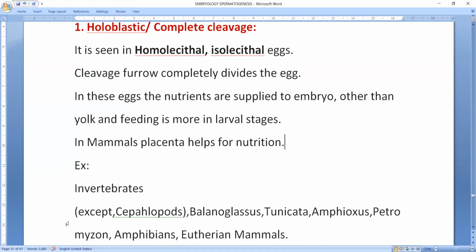Anyway, examples of holoblastic cleavage: simply invertebrates except cephalopods.